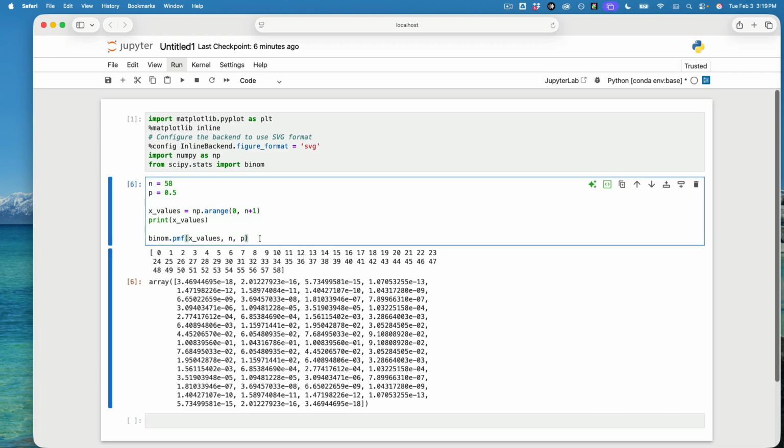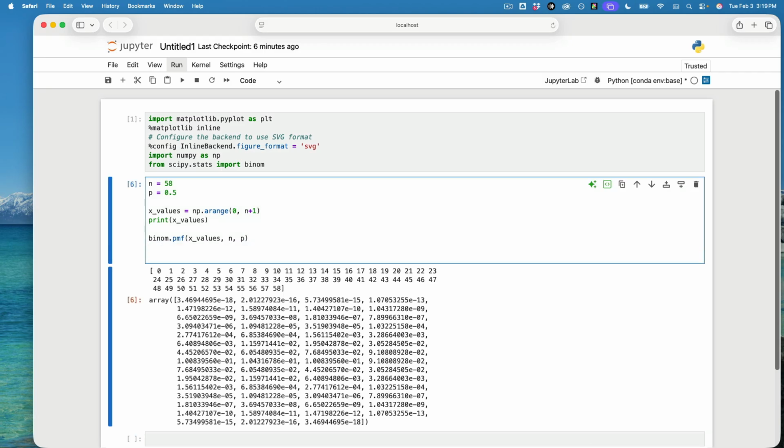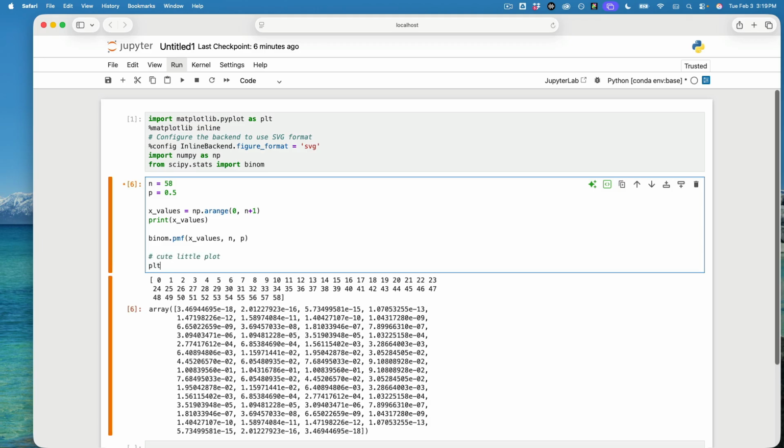Okay? So all we need to do next is plot this. We're going to make a cute little plot. Okay, now we're going to do a bar plot. So plt.bar, not a perfect bar plot, but we'll put the x values and here, the probabilities.